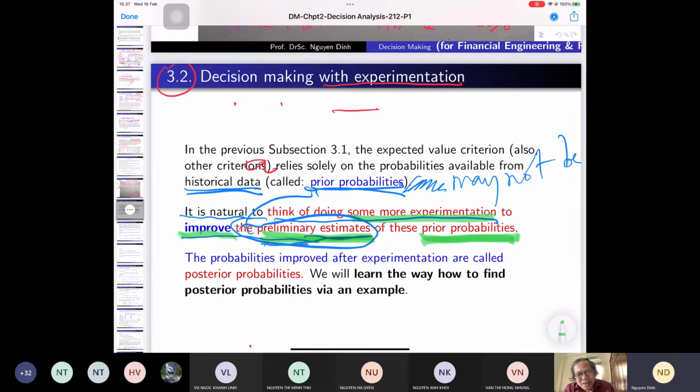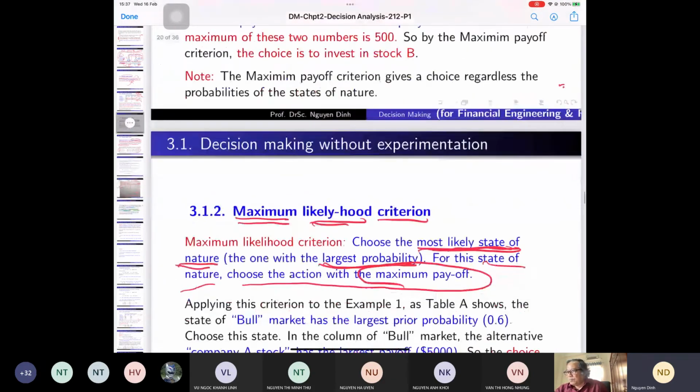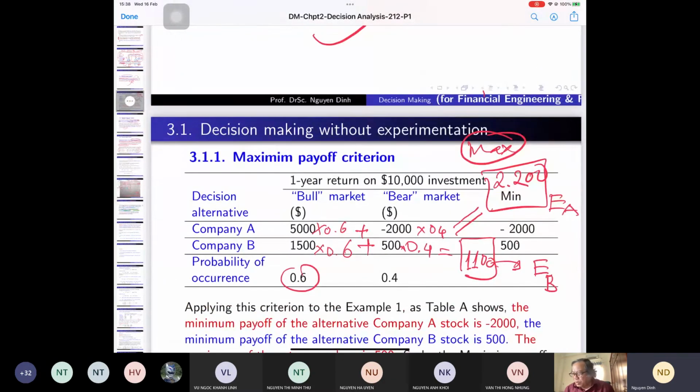Okay? So for this table, if you can improve this one so that it's close to the real thing, then your calculation is more exact.